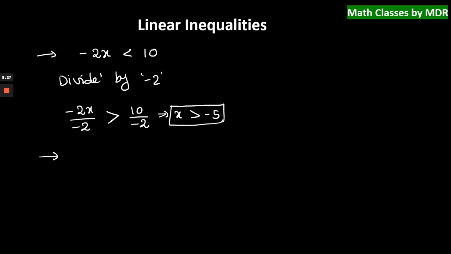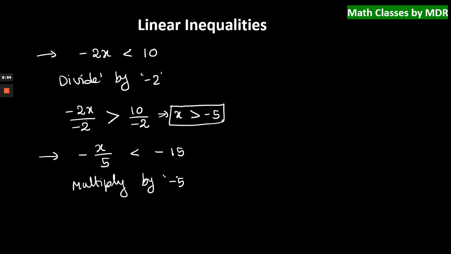Similarly, if you have something like minus x by 5 less than minus 15, now here we have to multiply by minus 5 in order to make x the subject.